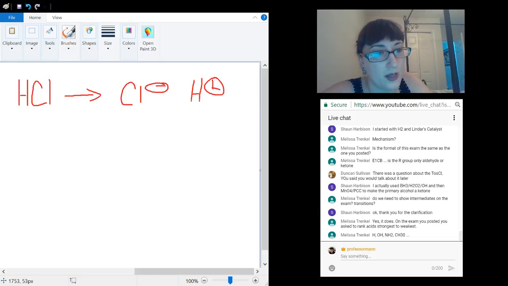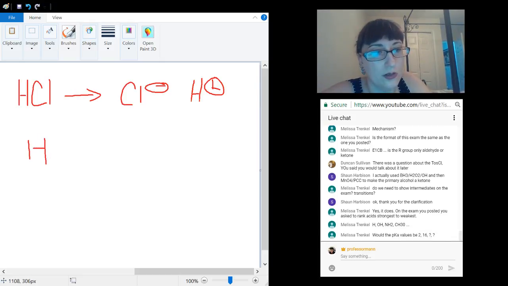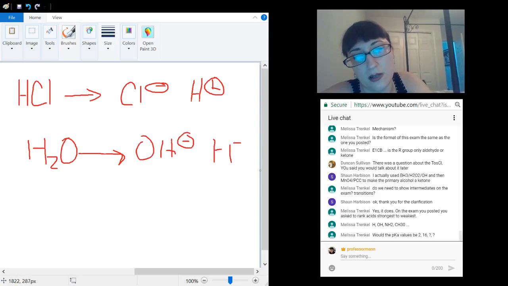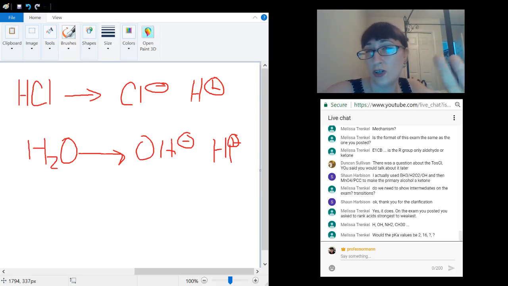If I have something like water that is not a strong acid, its conjugate base is hydroxide, which we know of as a strong base, right? So if you have a really strong acid, you get a weak conjugate base. If you have a weak acid, you generally get a pretty strong conjugate base.